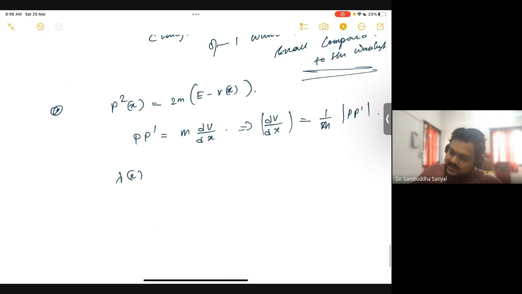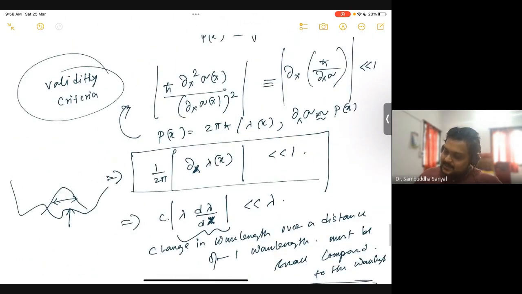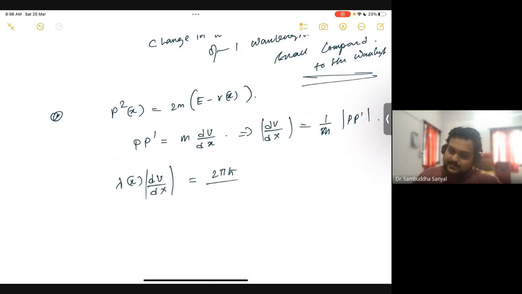Then lambda times dV/dx is basically 2 pi h bar. What do we have here? We have seen that lambda is basically 2 pi h bar by p. So lambda is replaced by 2 pi h bar by m, and another p cuts off this p. This p prime, the p derivative, is much smaller than p squared by 2.